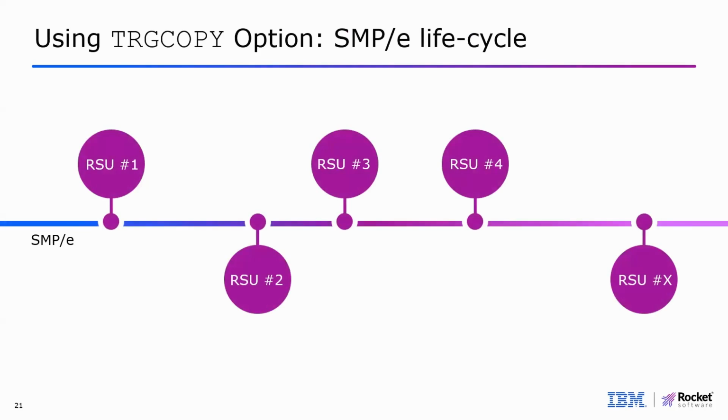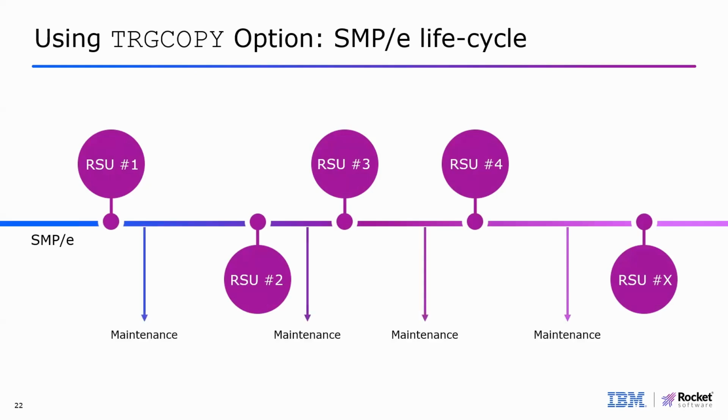So when you look at how you manage your maintenance, one strategy can be to apply maintenance after new RSUs come in, or after a couple of new RSUs come in. That's where we see customers typically having maintenance cycles scheduled to update the respective products.